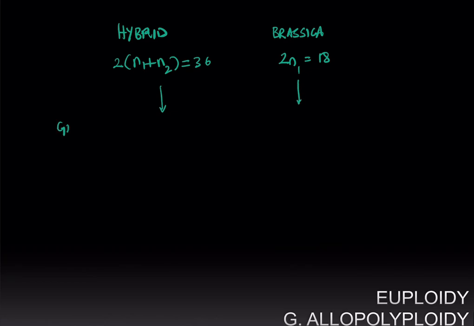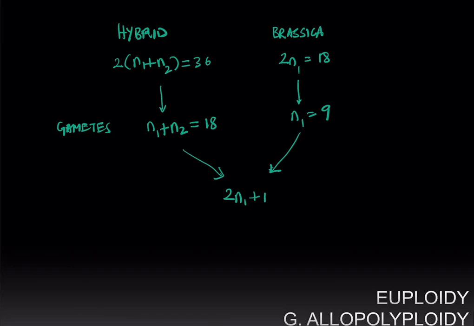For example, if one takes the hybrid, which has 2n1 plus 2n2 equals 36 chromosomes, and Brassica, cabbage, which has 2n1 equals 18 chromosomes, the hybrid gametes will have n1 plus n2 equals 18 chromosomes, whereas Brassica gametes would have n1 equals 9 chromosomes, and the progeny would have 2n1 plus n2 equals 27 chromosomes.